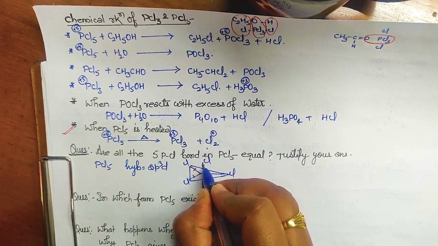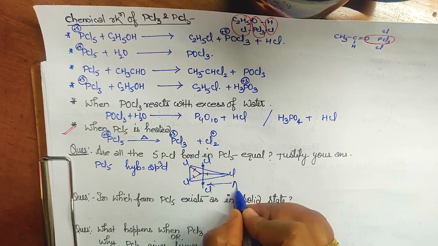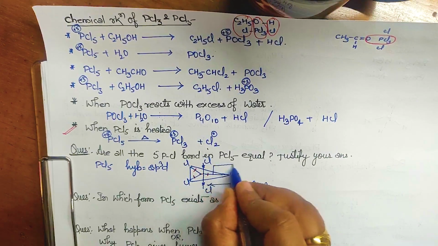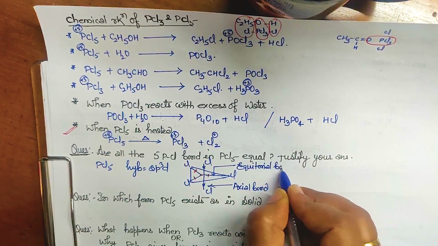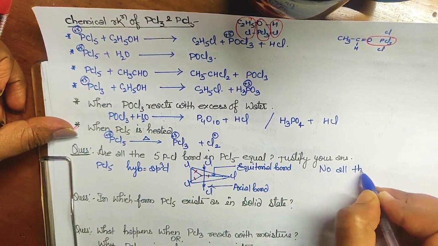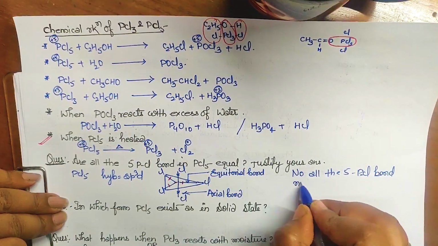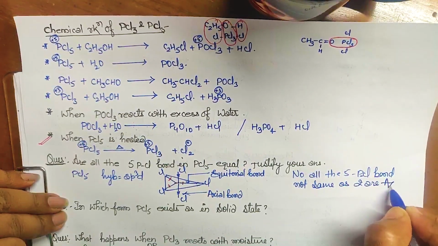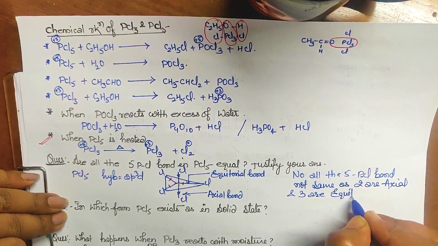And these two are called axial bonds. So the bond angle is not the same. No, all the five P-Cl bonds are not the same. Why? As 2 are axial and 3 are equatorial. Got it here?